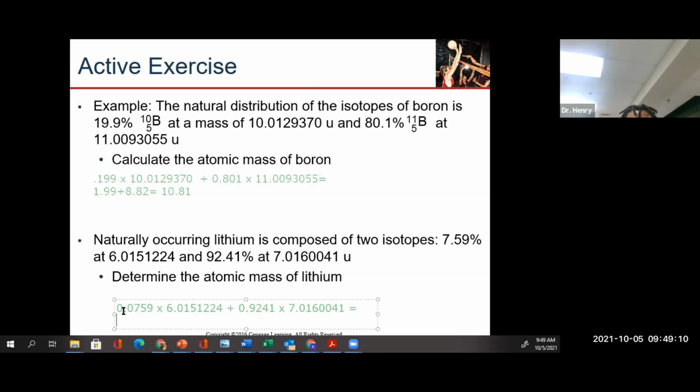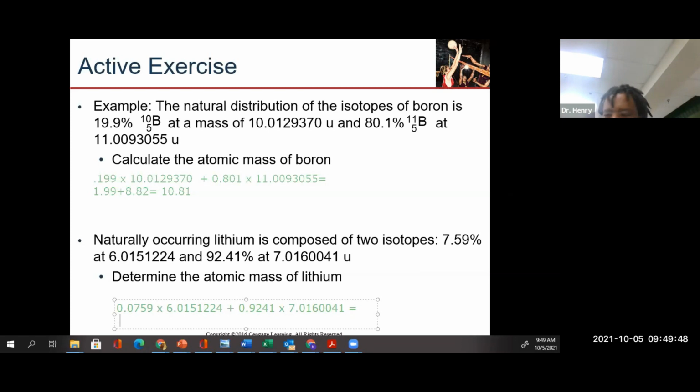For this first number, 0.0759, that's right, 3 sig figs. So we know that 3 sig figs is much lower than whatever this number is, because there's like 2, 4, 6, 8. Okay, so 3 sig figs is smaller. So let's do the multiplication. 0.0759 times 6.015124.